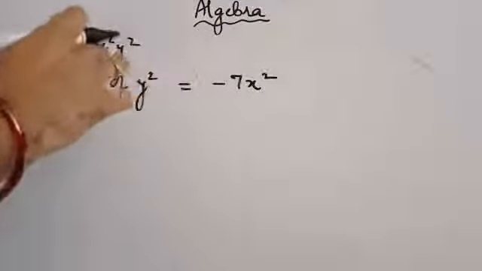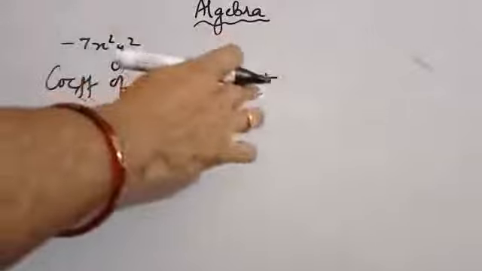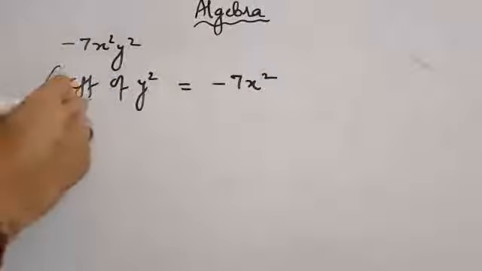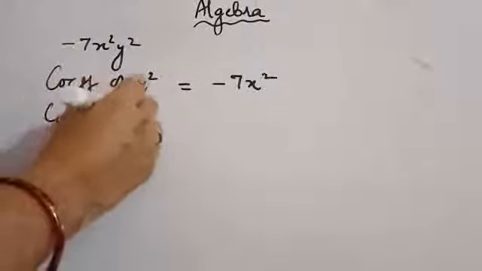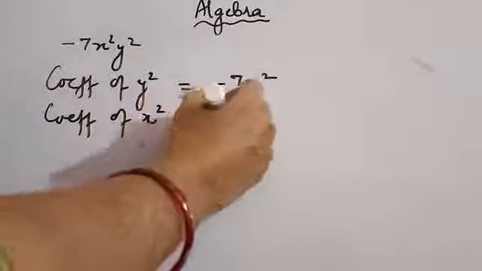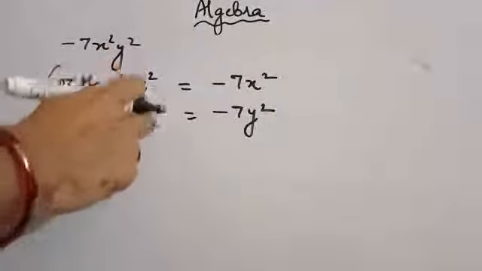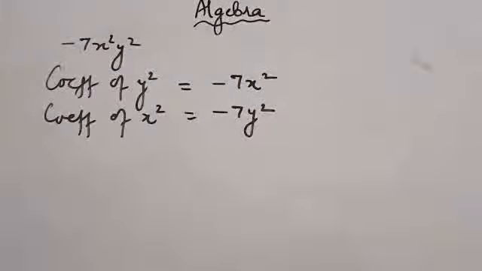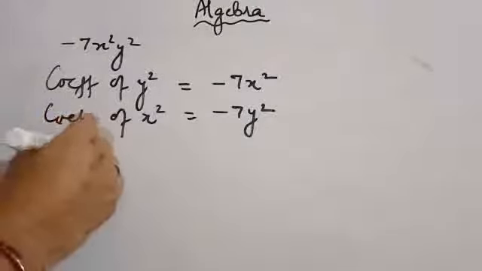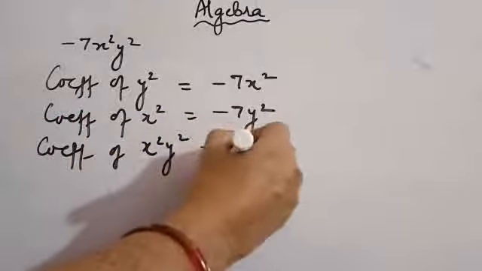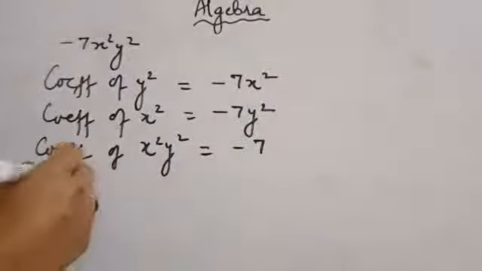Leaving this factor, whatever remains in the term becomes its coefficient. If I ask you the coefficient of x square, it will be minus 7y square. Means if you leave that factor, whatever remains in the term is known as its coefficient. Coefficient of x square y square will be minus 7.